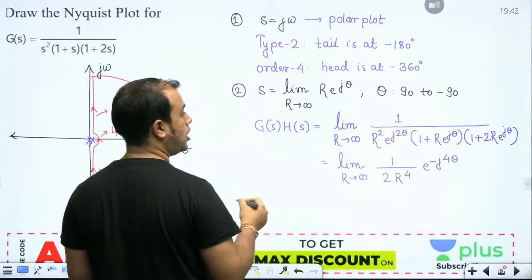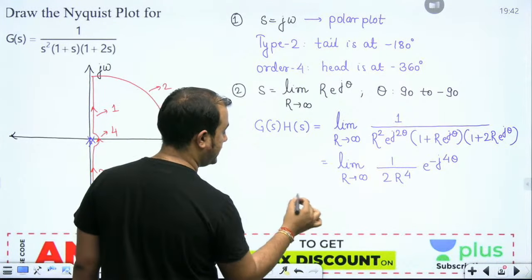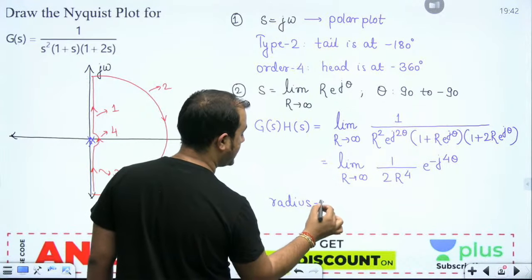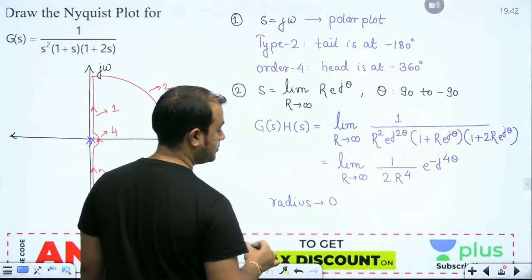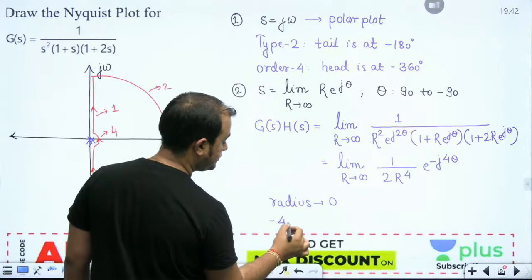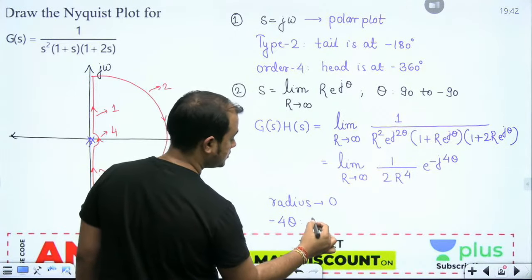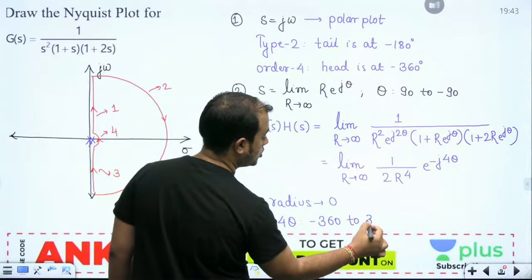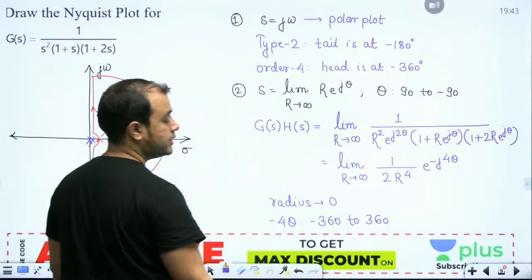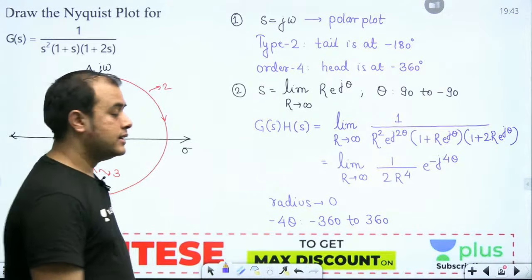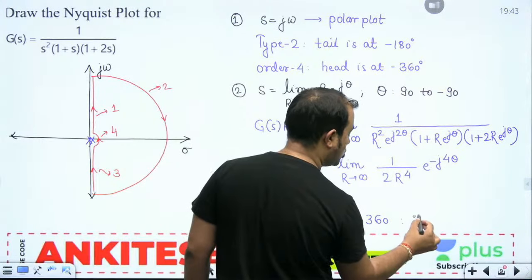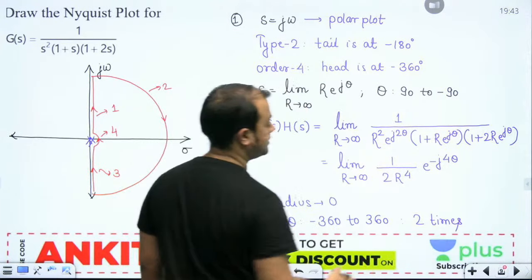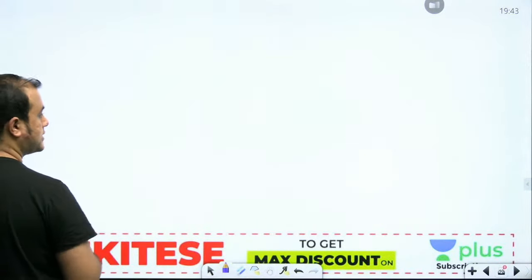If theta goes from 90 to minus 90, this is a circle of radius tending to infinity and angle minus 360 to 360. That is 720, that is 2 times. Okay, 2 circles.